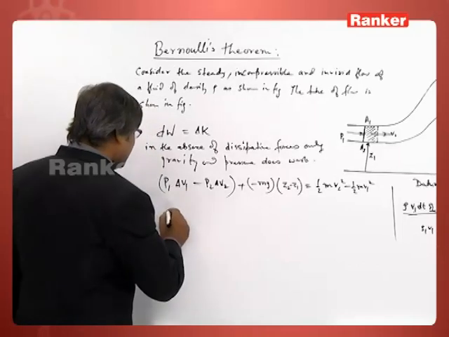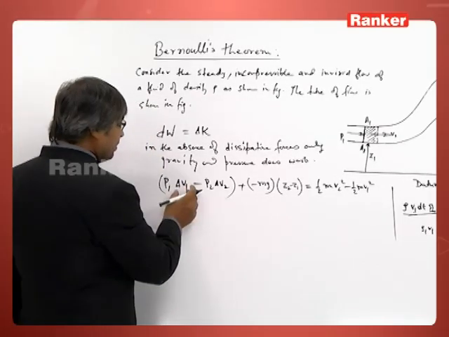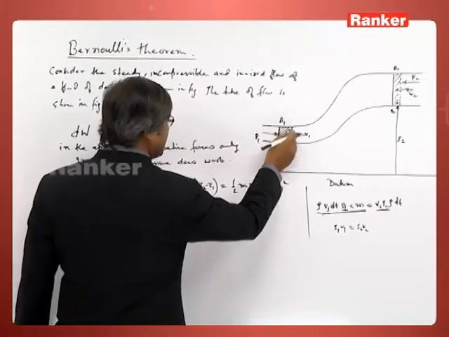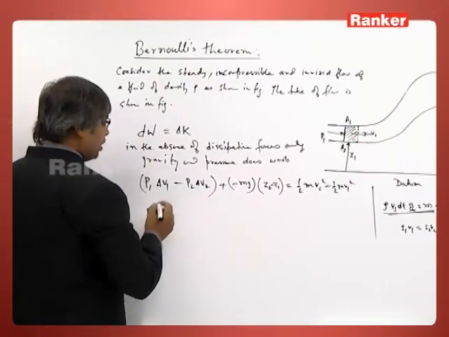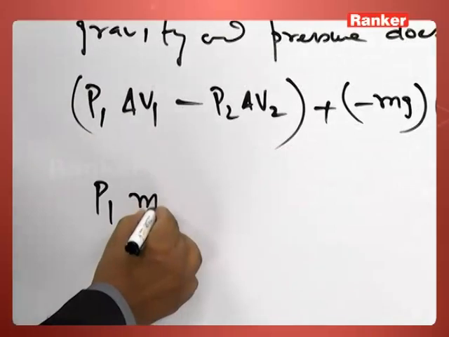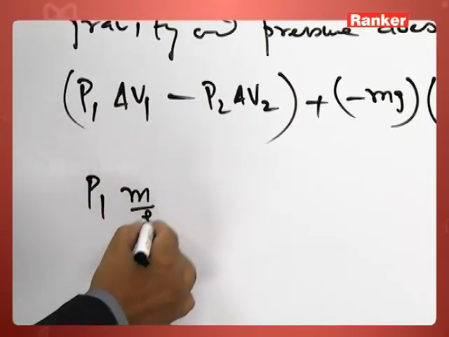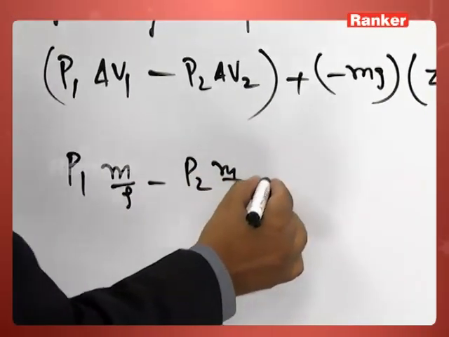Now, pressure into delta V means the volume occupied by this mass. So delta V1 is mass by rho, and similarly for delta V2.